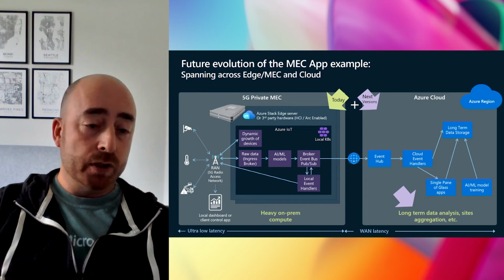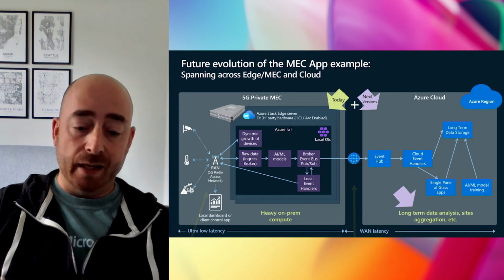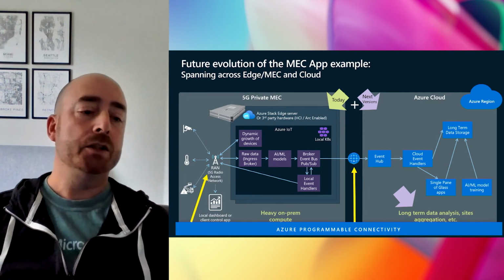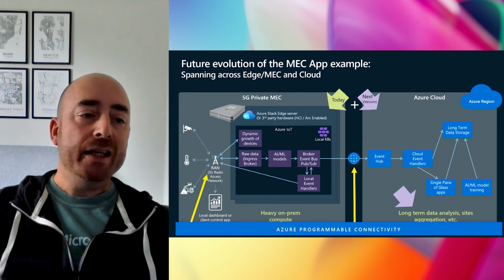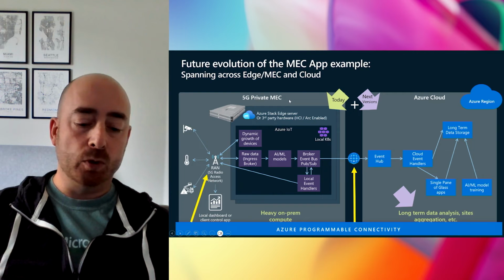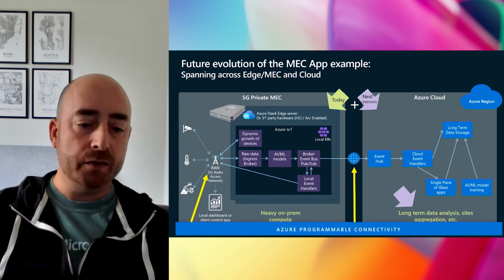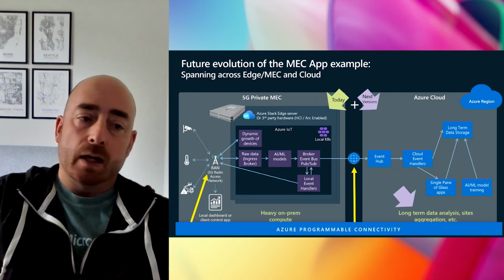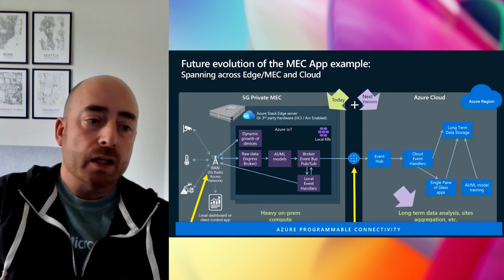Additionally, and this is very important, and that's why we are talking about modern connected applications, is about making the applications network aware. And that's going to be possible with Azure Programmable Connectivity. Because today, in the version that we have, it's just the application, but the network is kind of transparent.